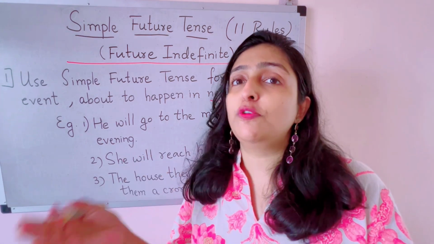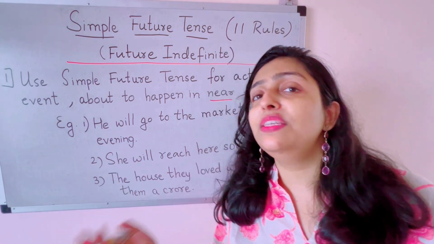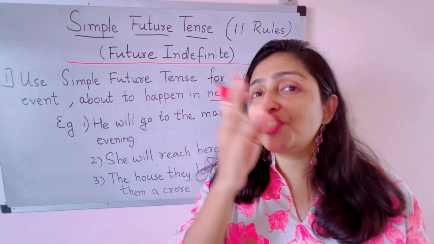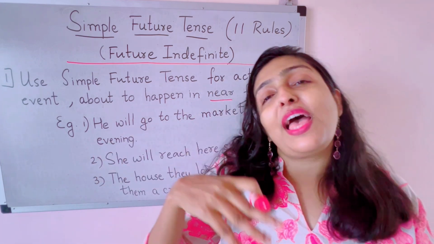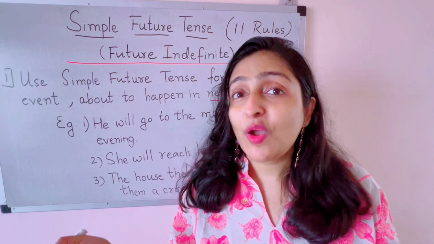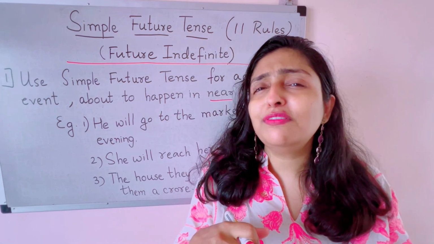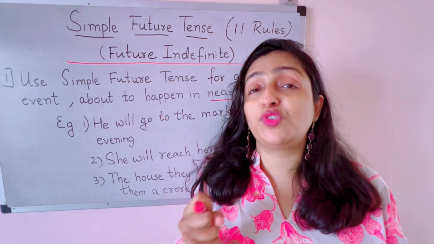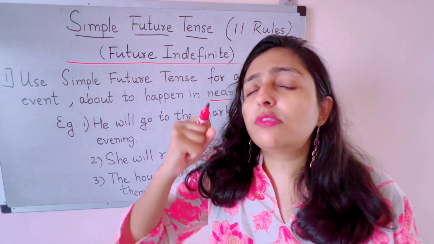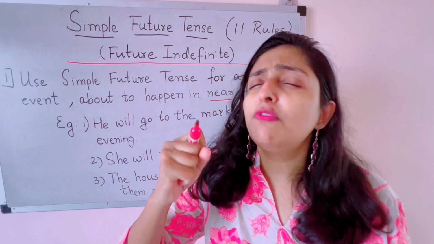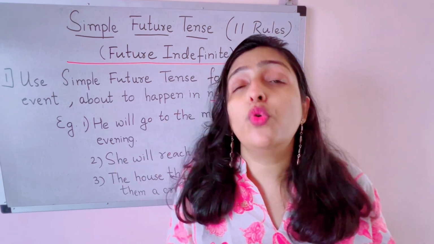Okay, it is future, but in the near future. Future is divided into 2 types, near future and distant future. What is near future? Very close. Within a short span of time, it is soon going to approach. It will approach very soon.